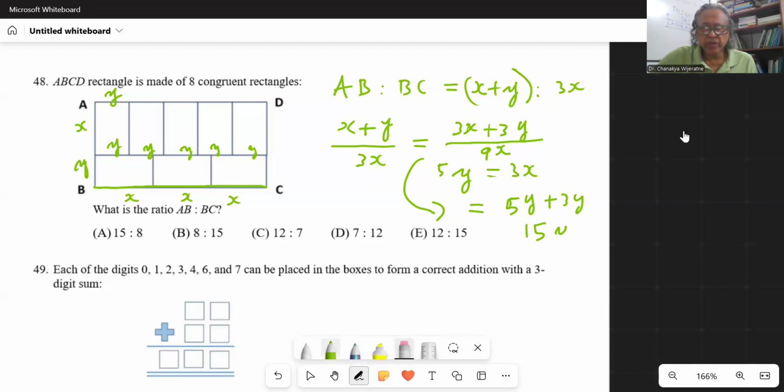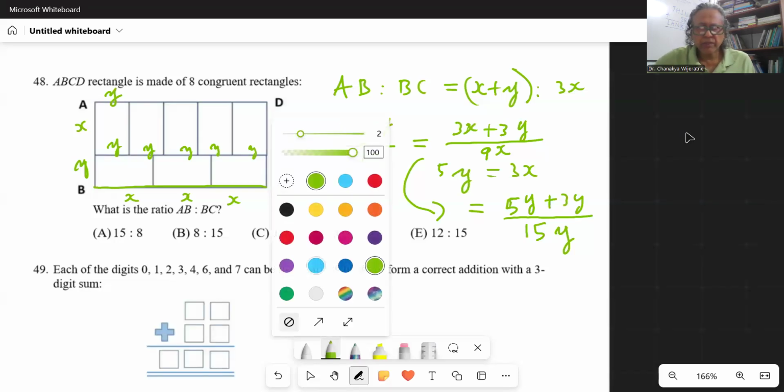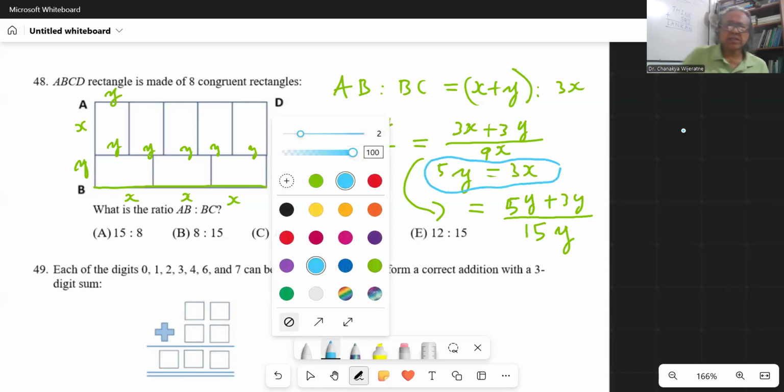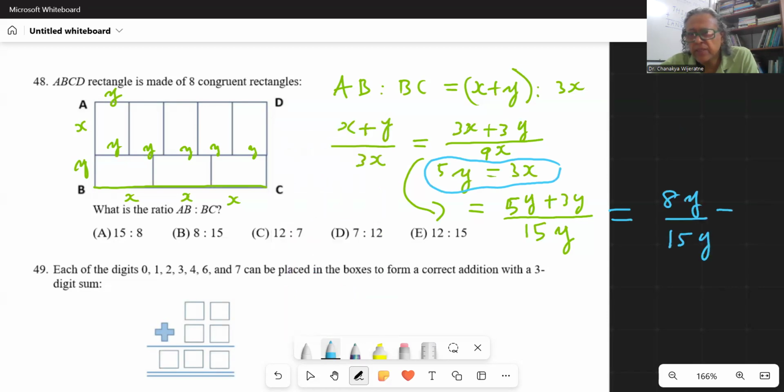So this should be in the bottom, right? 15Y. So don't get confused with this. This is actually the relationship between X and Y, right? Now we can simplify. So 8Y over 15Y, right? And this is 8 over 15.